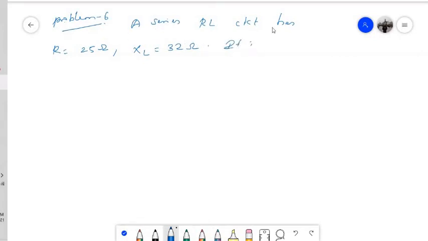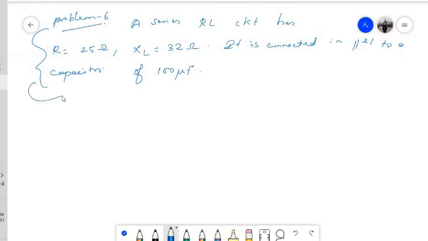Now this RL series circuit is connected in parallel to a capacitor of 100 microfarad, and this whole combination is connected across a 200 volt 50 hertz supply.